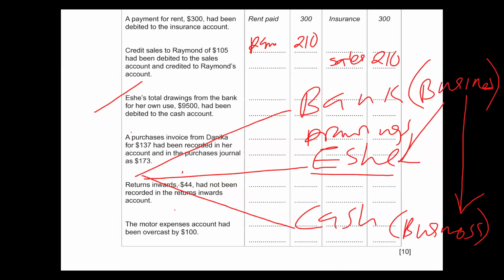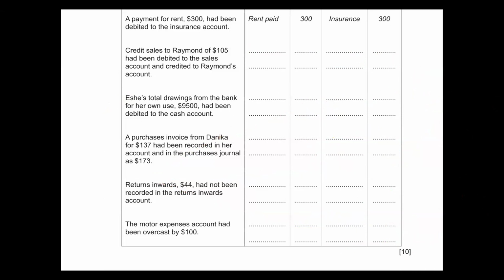Since in error you debited the cash account, you are supposed now to credit the cash account, and debit the drawings account because the money was going to the drawings account. So that's what you are supposed to do.